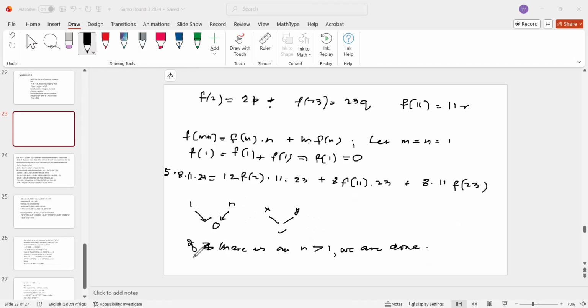So suppose then that for every n greater than 1, f of n is not 0.